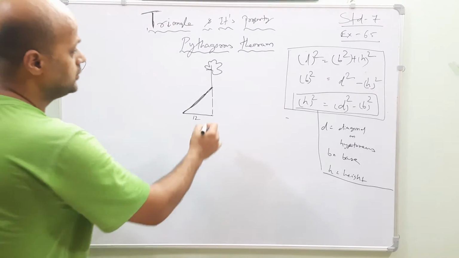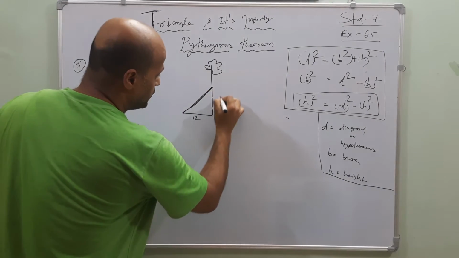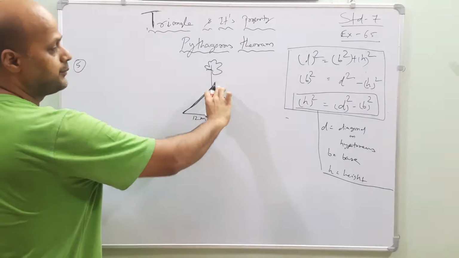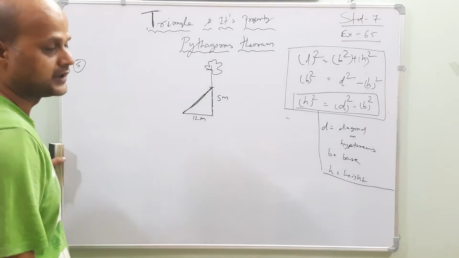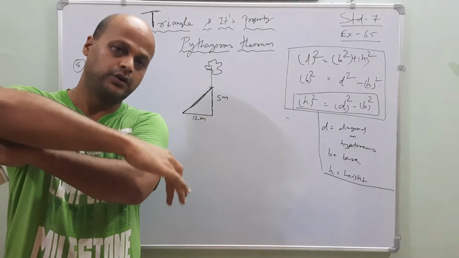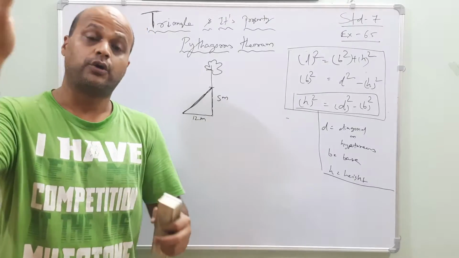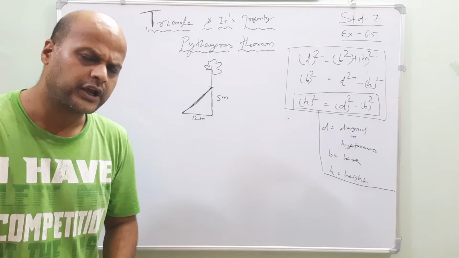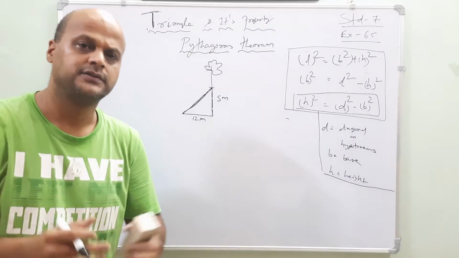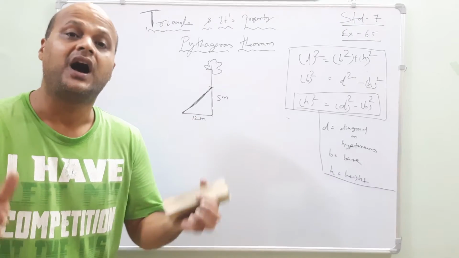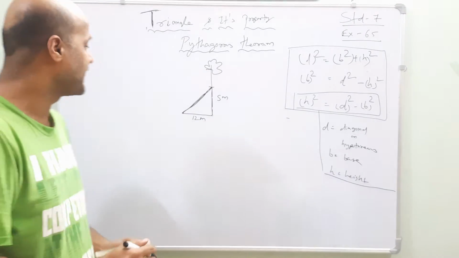Now here, 5 meter, from the 5 meter it is cracked, it's broken. Now if the tree is broken, it will be lying on the ground and touching the ground. Now the broken piece behaves as what? It behaves as the hypotenuse or the diagonal of the triangle.